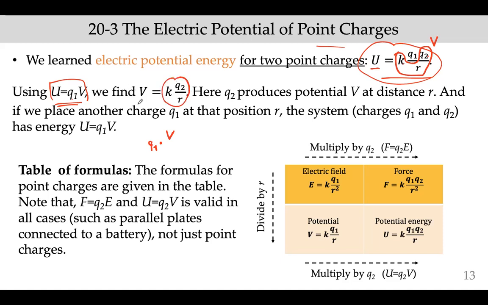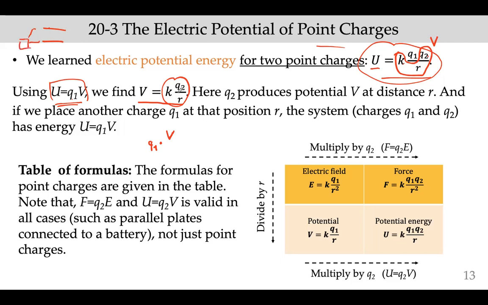So this is the first time we write down the potential of a point charge. Before, we talked about the potential of different points of the plates. They were connected to a battery.